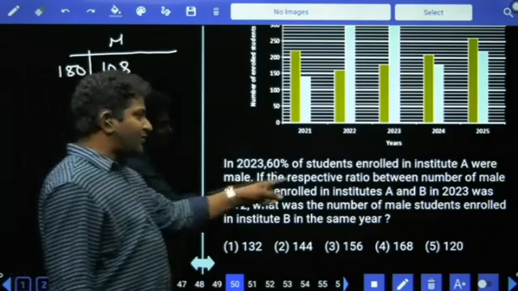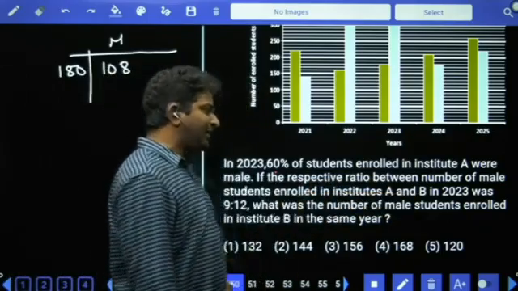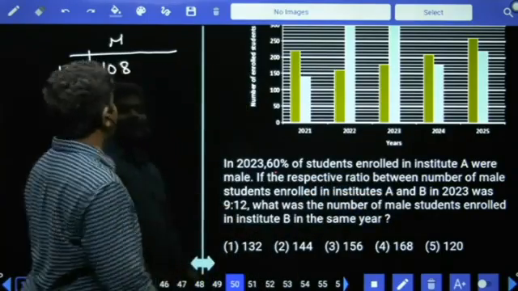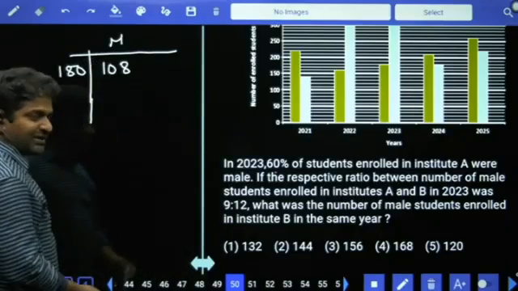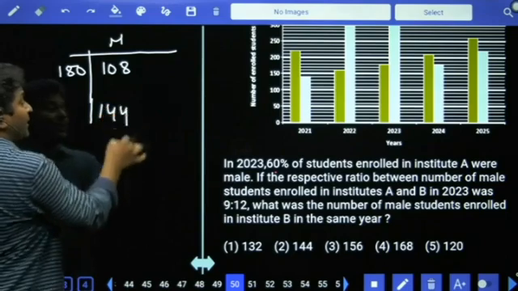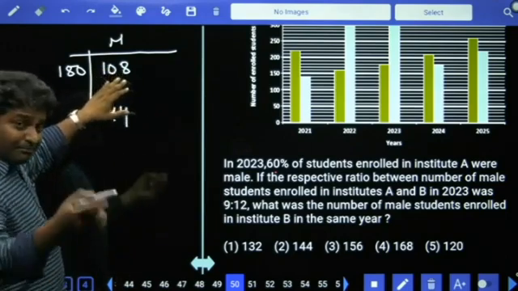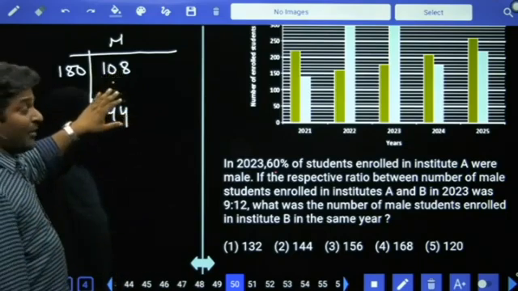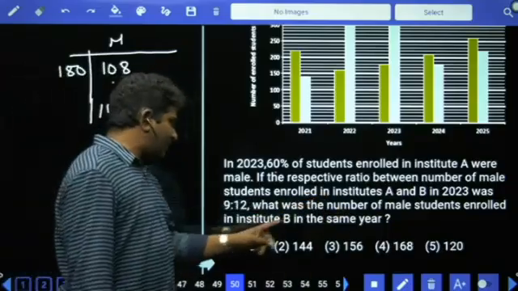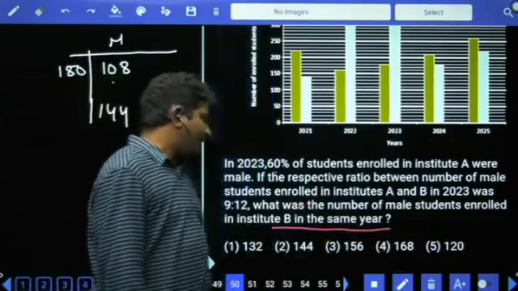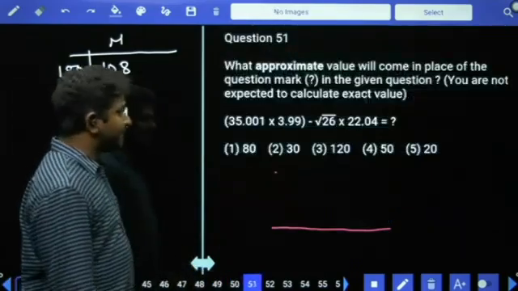If the ratio between the number of male students enrolled in Institute A and B in 2023 was 9:12, if 9 parts is equal to 108, then 1 part is 108 by 9, which is 12. 12 parts is 12 into 12, 144. What was the number of male students enrolled in Institute B in the same year? That is equal to 144. Second option is our answer.